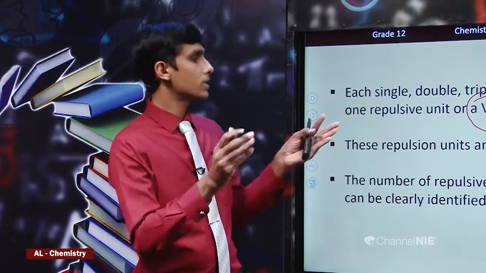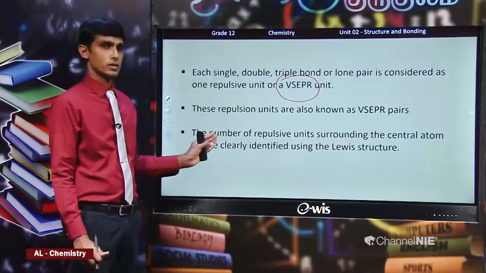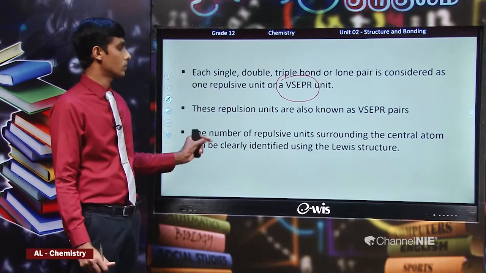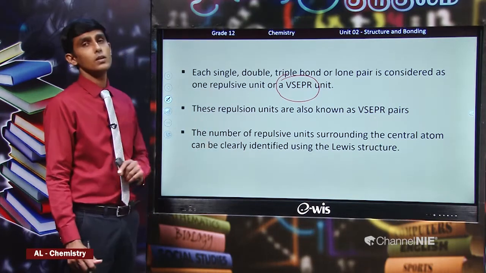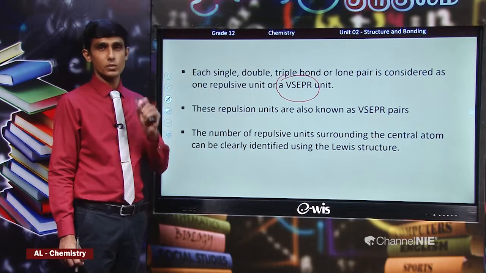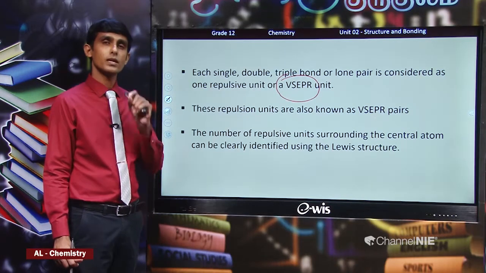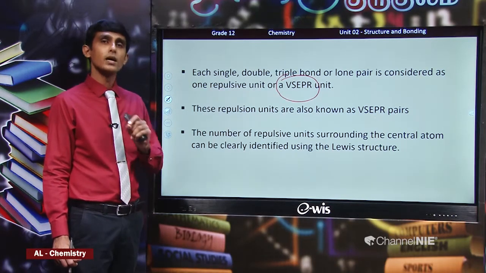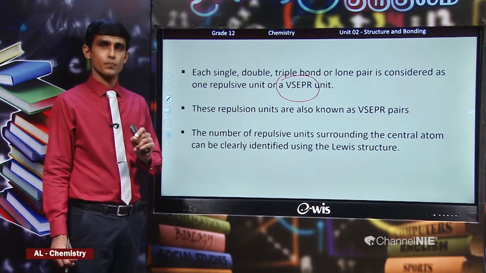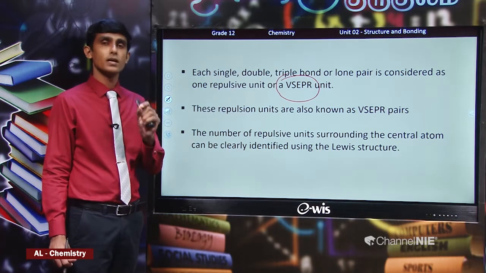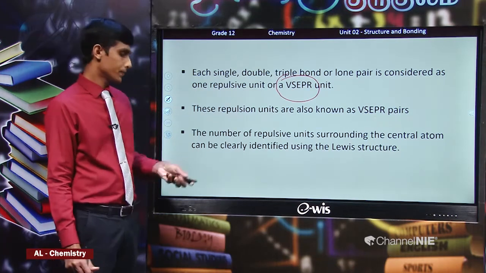So, VSEPR pairs or repulsive units can easily be counted using the Lewis structure drawn. Using the Lewis structure, you can count the number of repulsive units around a particular atom.